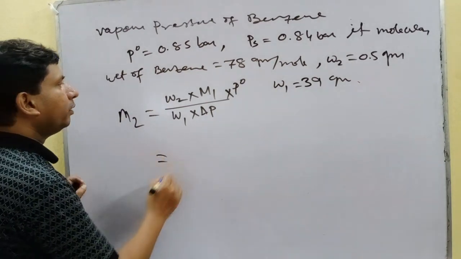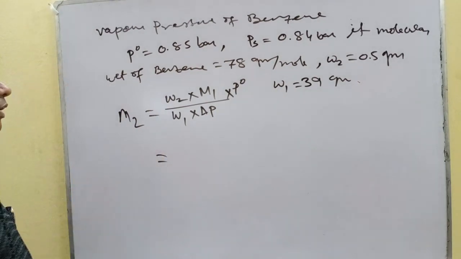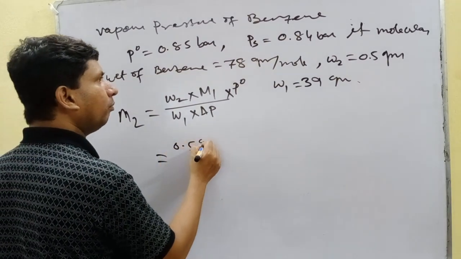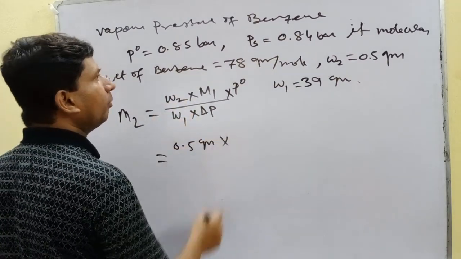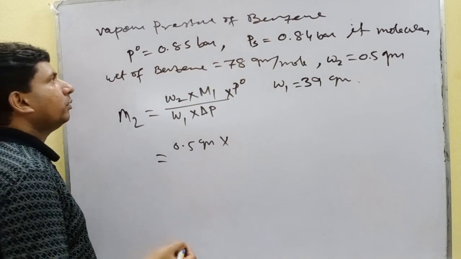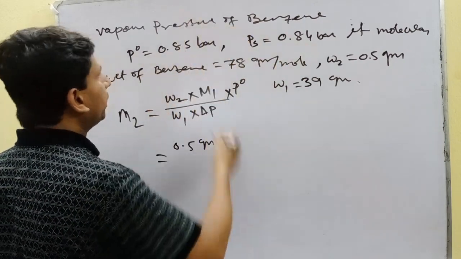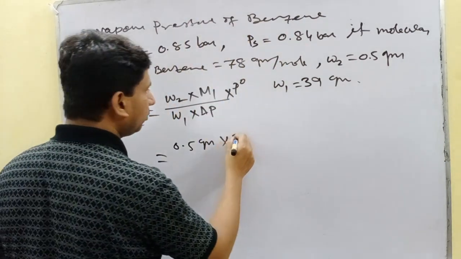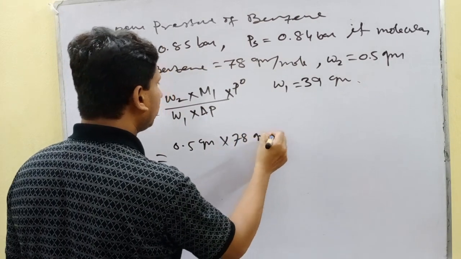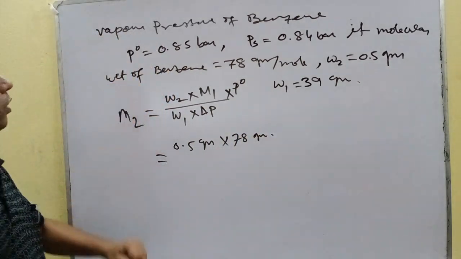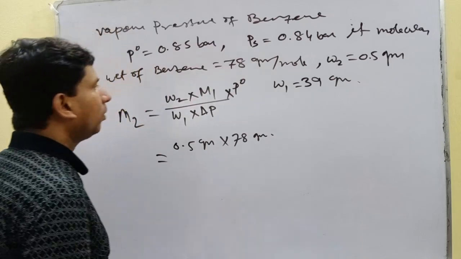Then molecular weight equals, here W2 equals 0.5 gram and M1, that is benzene, 78 gram. P0, what is P0?